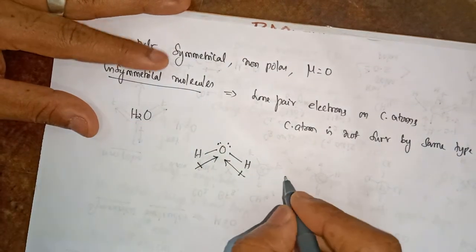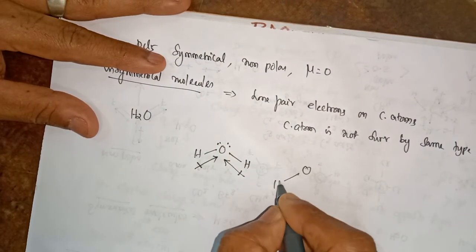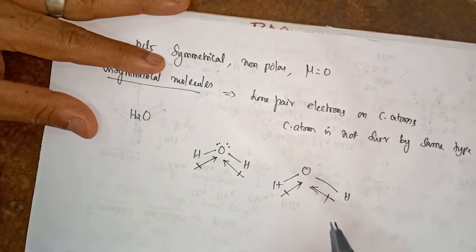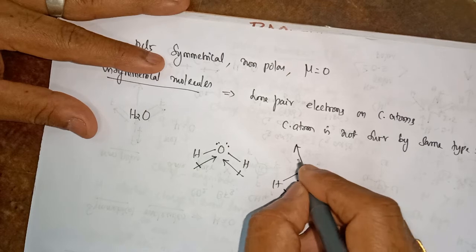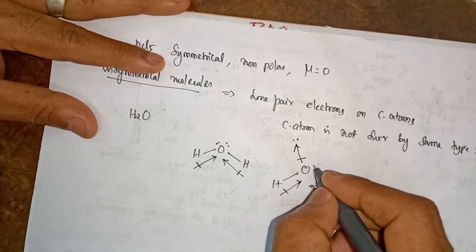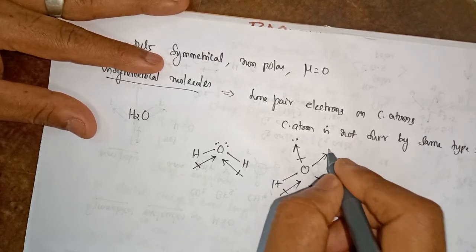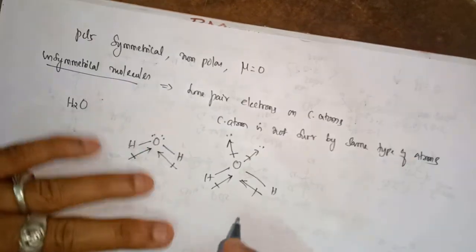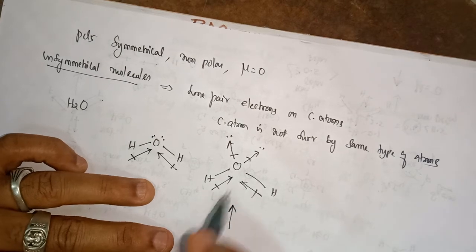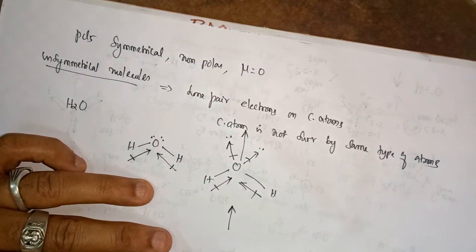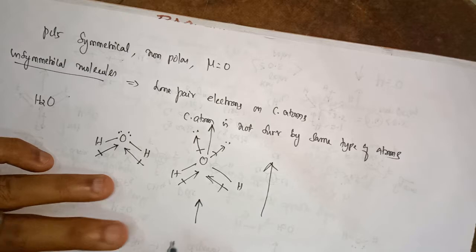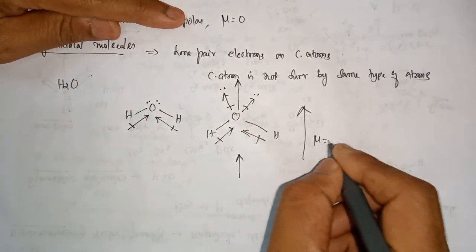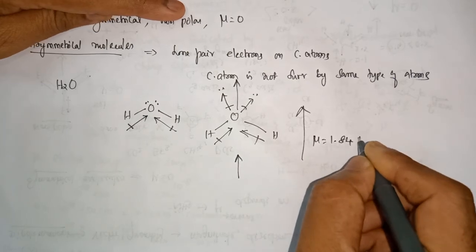The sum of these two directions gives this. So overall, it has an overall dipole moment. Water has mu equal to 1.84 D.